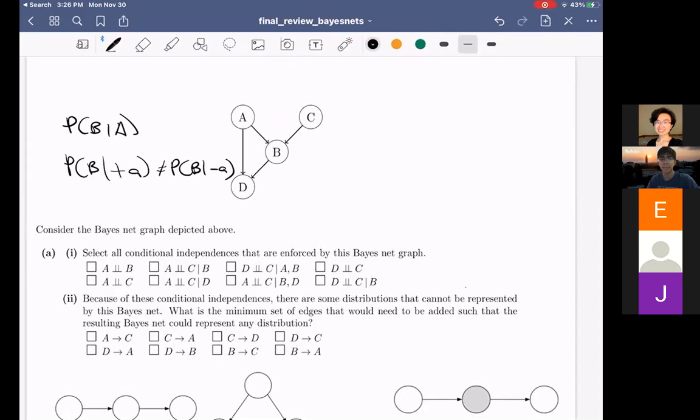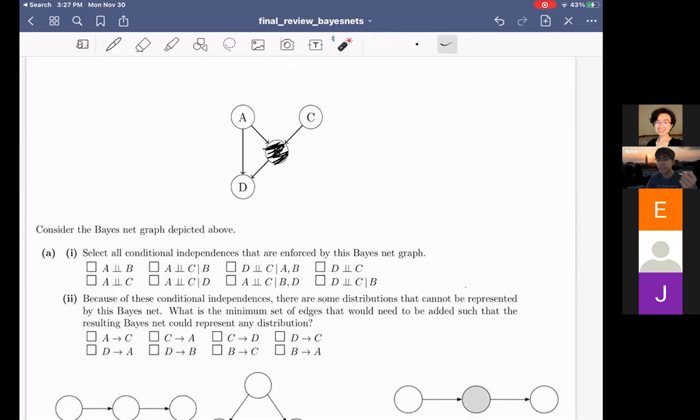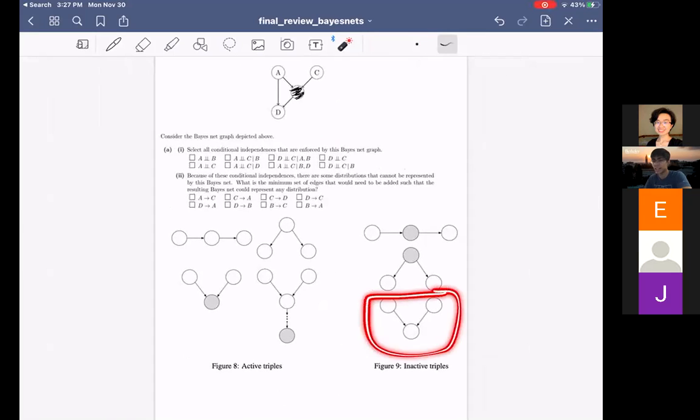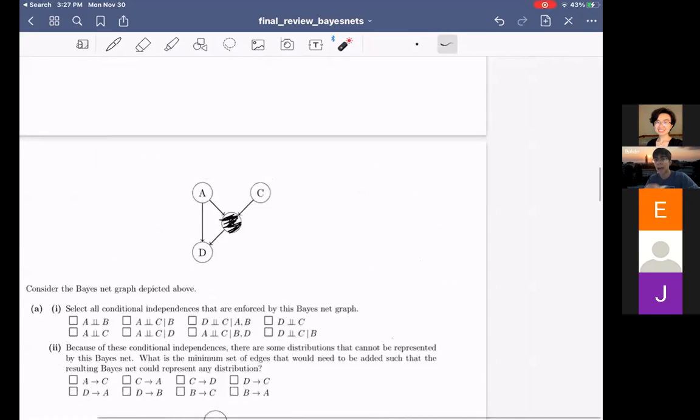Next one, A is independent of C given B. We can just look at the paths. So the first thing to do is shade B. The next thing to do is enumerate all paths. There's one path like this. What are the triples in this path? Well, the first triple that I see is this triple. And this is called a common effect triple. And you'll notice that that one is inactive. So therefore, this path is inactive.